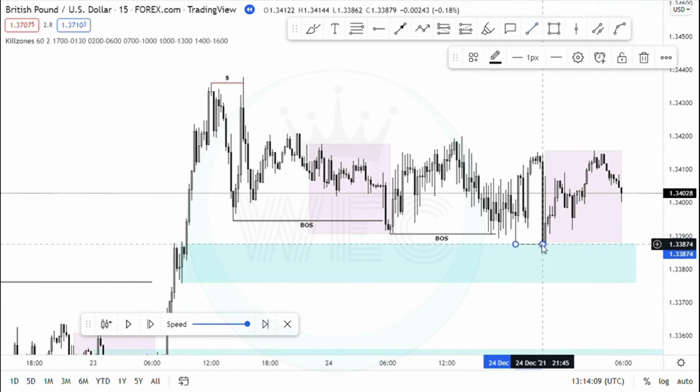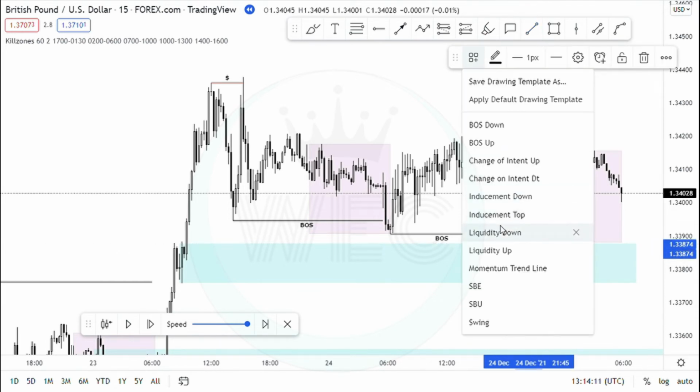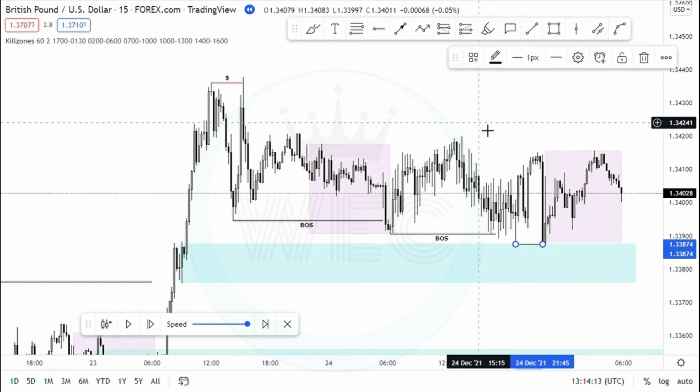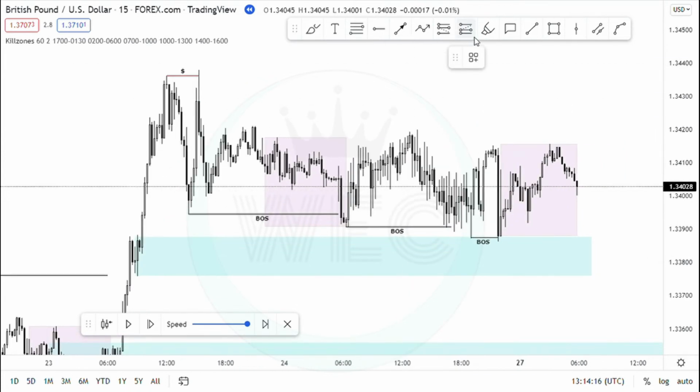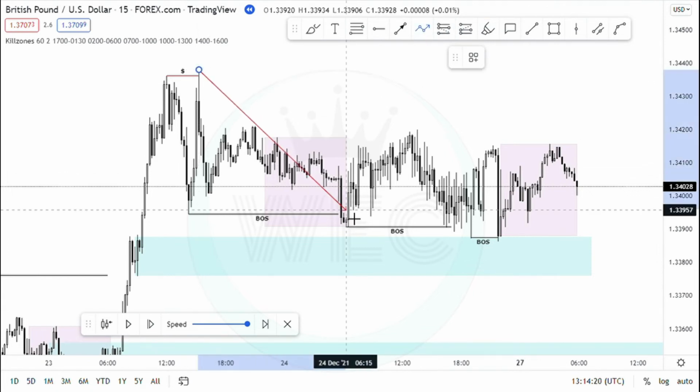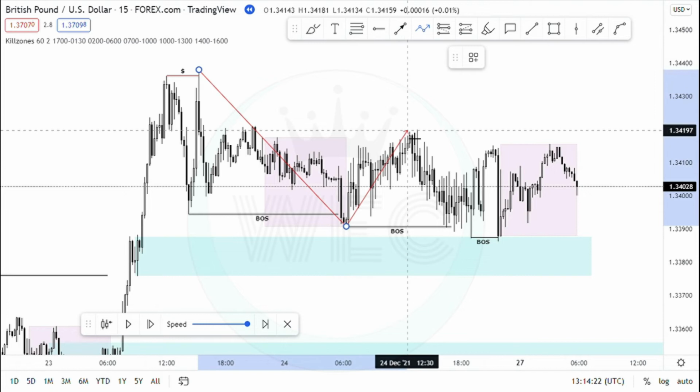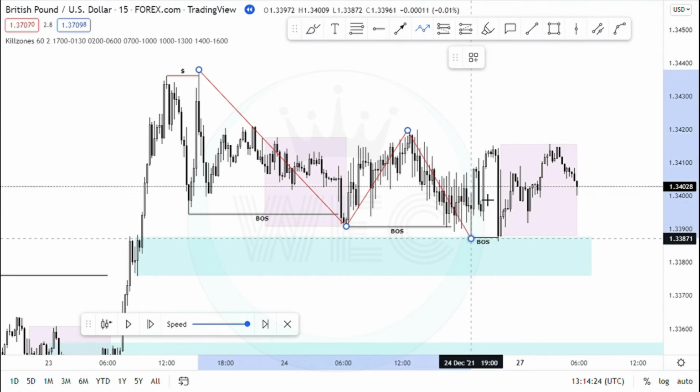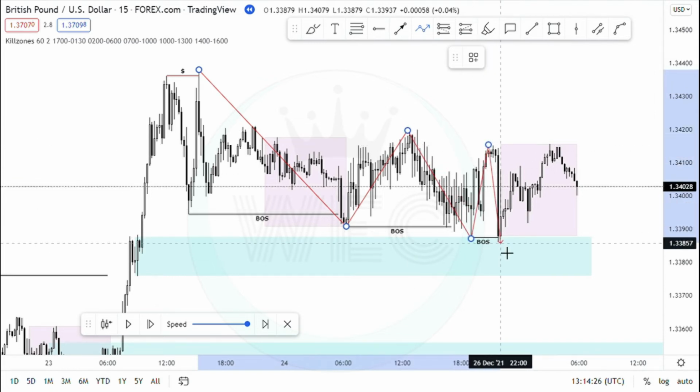Okay, great. So to those of you who are wondering what I'm doing, I'm just showing you the M15 structural level within this time frame. Okay, so that was it over there. And that was the last bearish breakout structure to the downside.